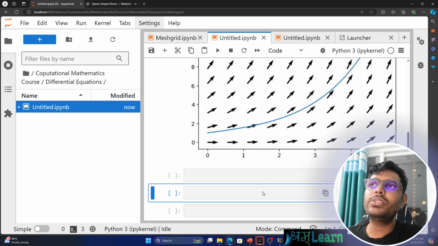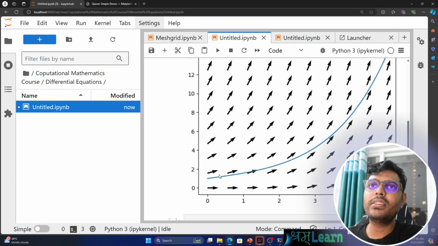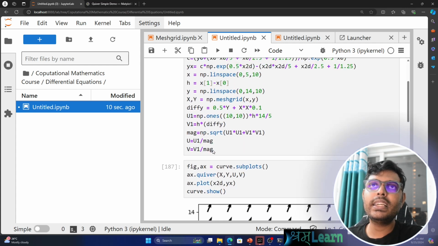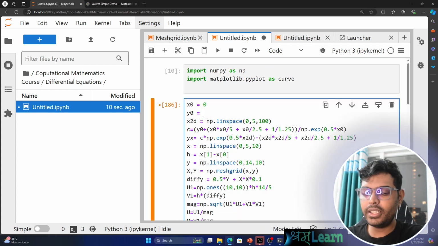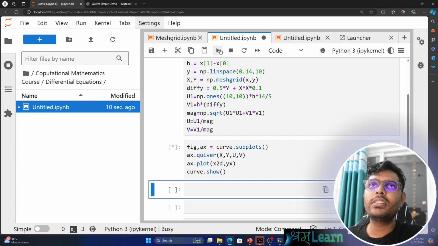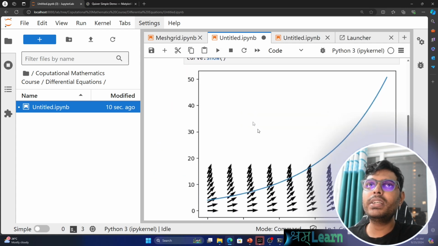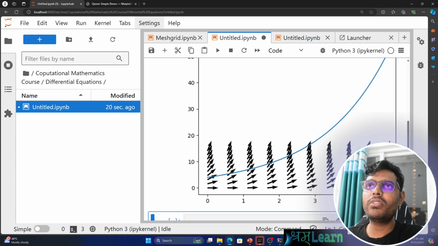I can also do something like I can start from 2 maybe, okay, or I can start from 4, right. Let's say I start from 4. That would offset the curve, but again we can plot for lesser values.